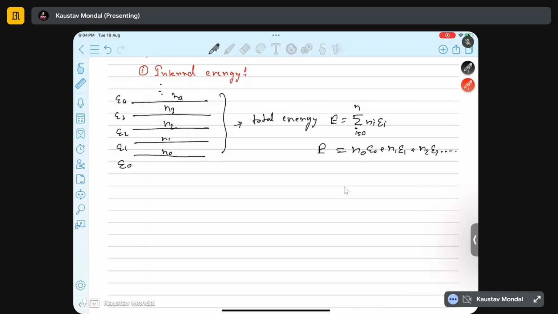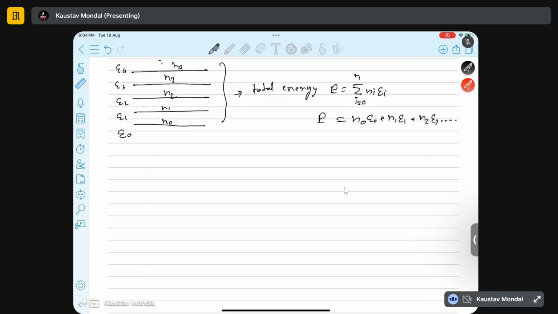Now, we also know that the distribution of the particles at a particular temperature is given by the Boltzmann distribution, where Ni, the number of particles at a higher energy state, is related to the temperature like this. Q is the partition function.